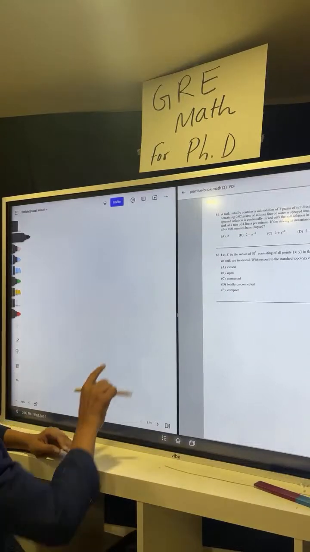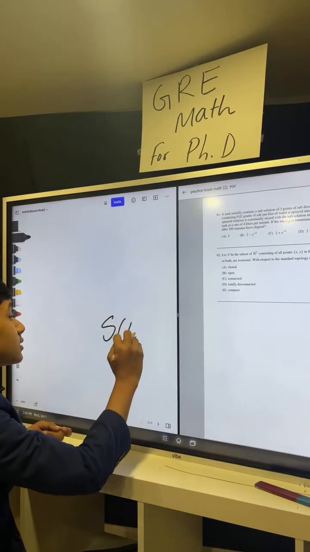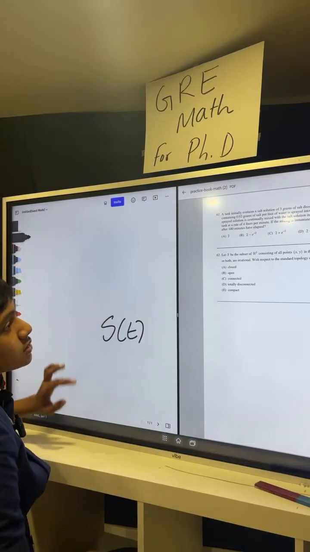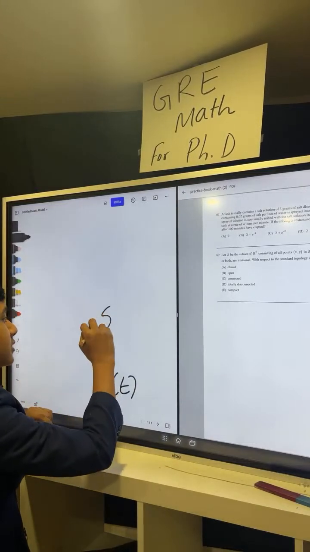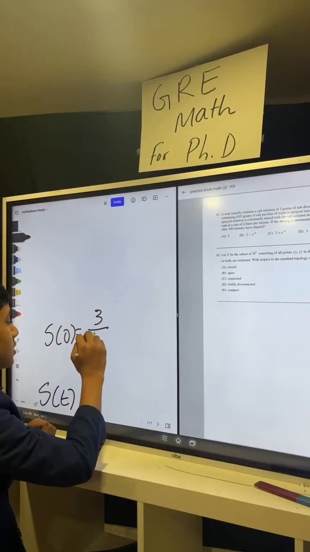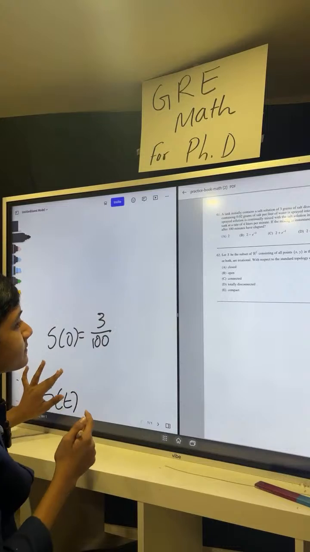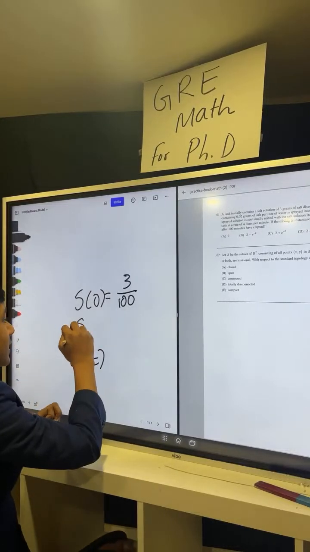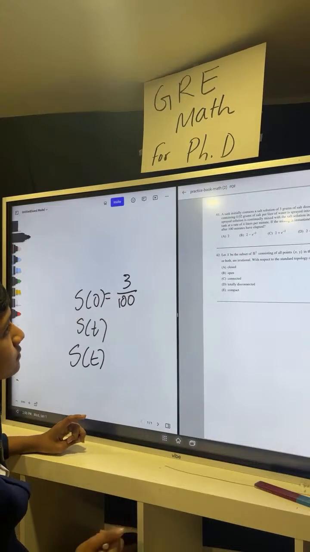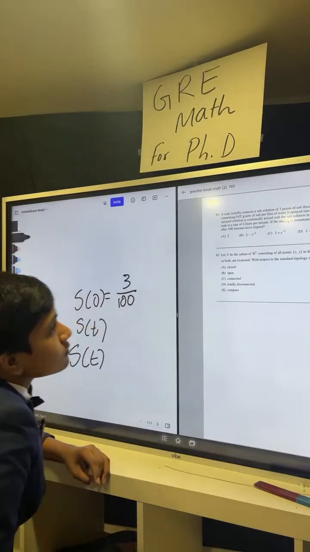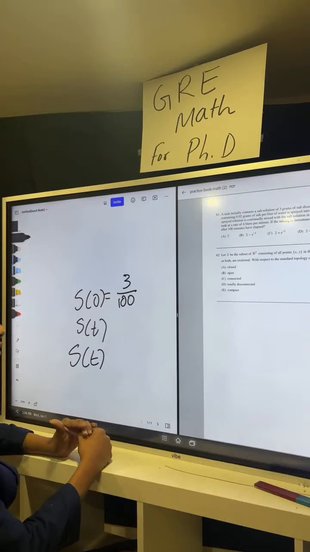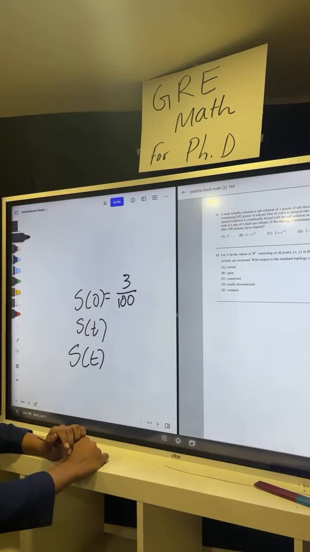So here, what we're doing is finding salt in the water as a function of time, such that S of 0 is equal to, well, 3 grams over 100, and S of t is such that, well, what's the differential equation that describes this?